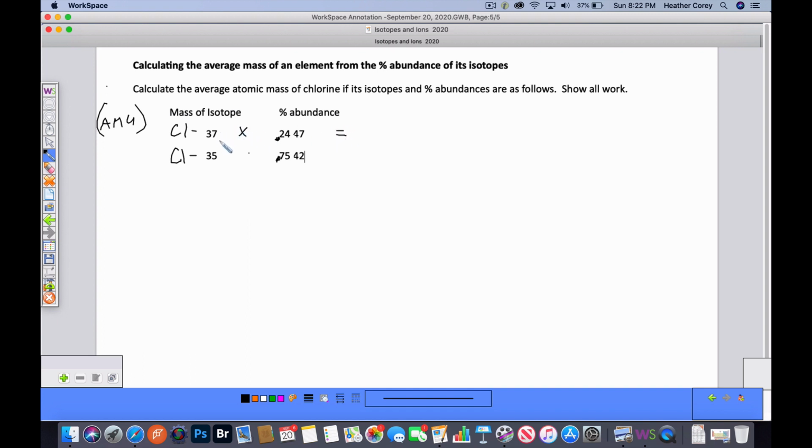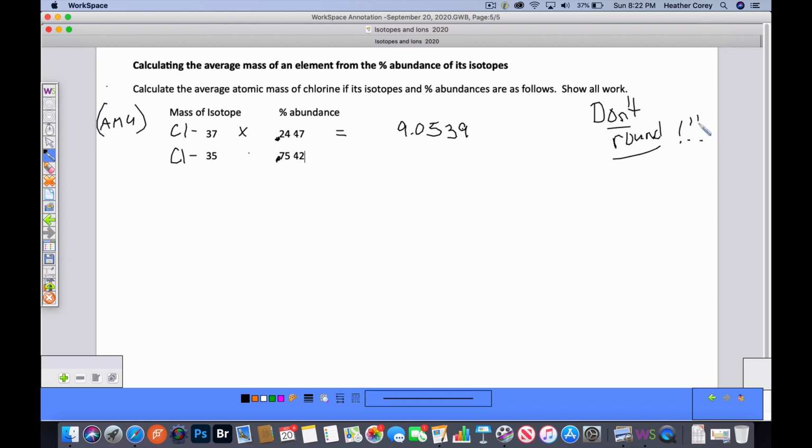So 37 times 0.2447 gives me 9.0539. Now when I'm doing this, I'm not rounding to significant digits. I'm trying to find the mass of the element, and this is one of those rare instances where we will not round. Okay?